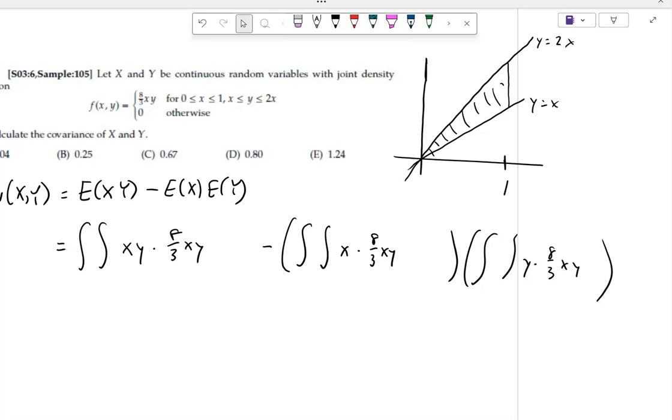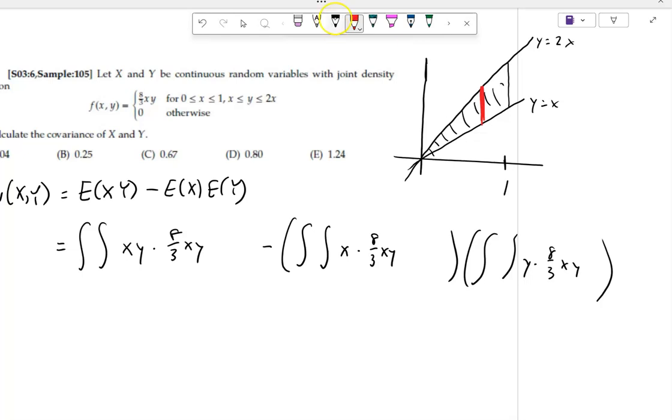All right, so let's figure out the bounds now. I can use the same bounds for all 3 integrals. I don't have to change, okay? So in particular, I'd probably want to integrate with respect to y first and hold x constant, right? I want to go this way. We agree?